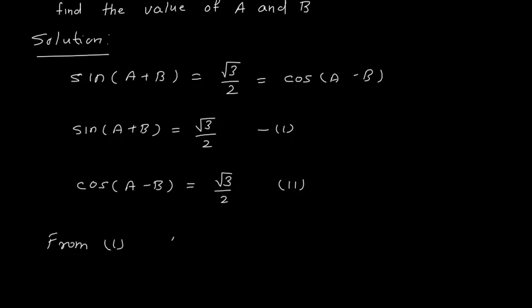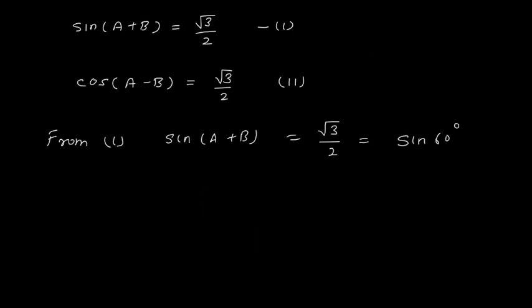So from 1, sin of a plus b is equal to root 3 divided by 2, which is equal to sin 60, right? The value of sin 60 is root 3 by 2. Therefore I have a plus b is equal to 60 degrees. Okay, let us consider this as equation 3.